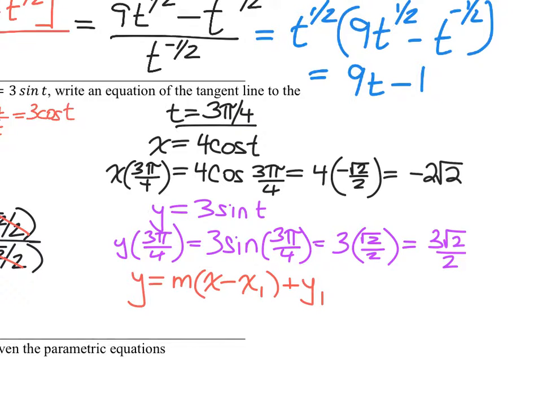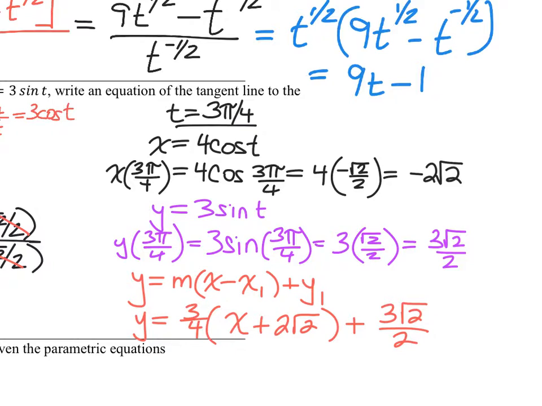You may have learned it as y minus y1 on the left-hand side, but I never saw the point in that, so I just add the y1 to the other side. So y equals 3/4 times x minus a negative, so x plus 2 root 2, plus 3 radical 2 over 2.